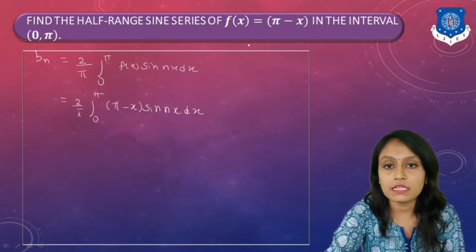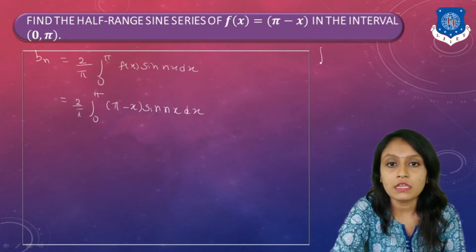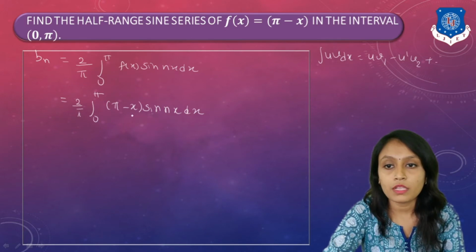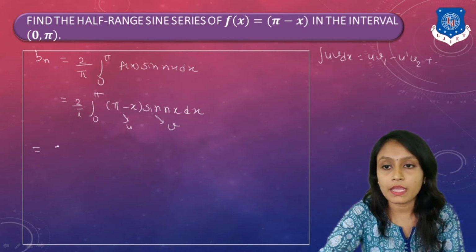Now to solve this integration, we have to apply the uv rule formula, that is uv1 minus u dash v2 plus and so on. So here our u is pi minus x and sin nx is v. So just apply this formula.